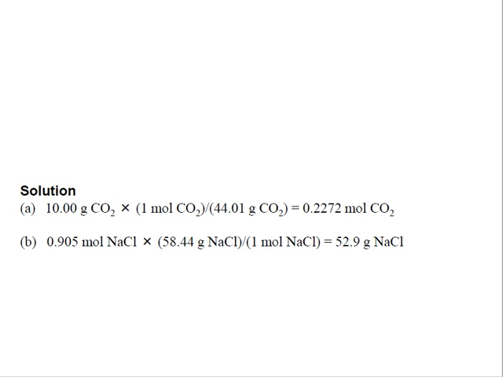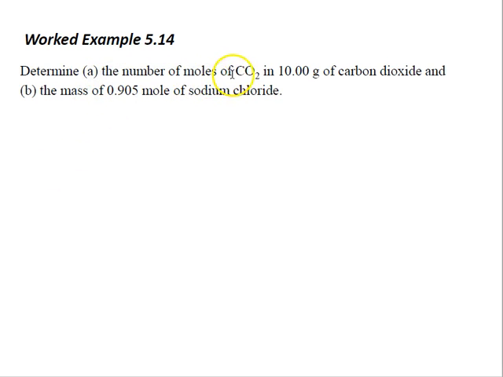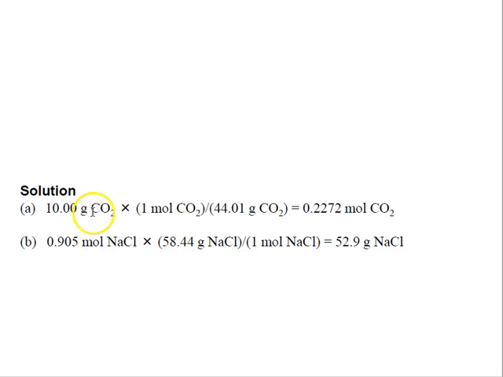So our solution here for part A, and let's remind ourselves what that question was, the number of moles of carbon dioxide in 100 grams of carbon dioxide. So we're starting with a mass of 100. And we want to set this equality up so that grams cancels.